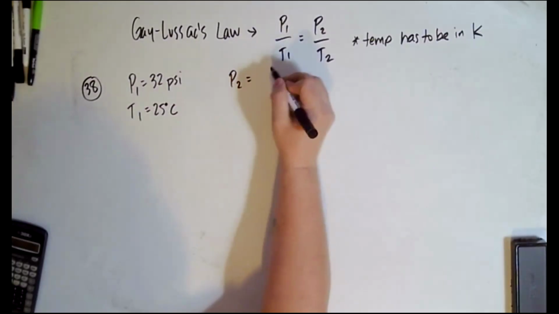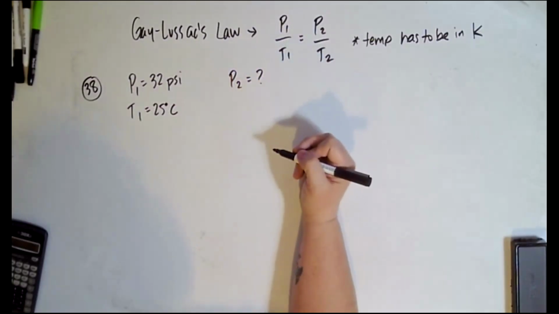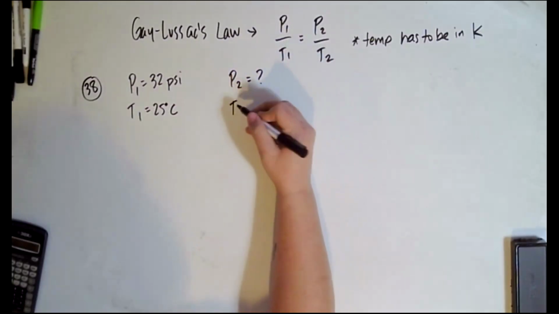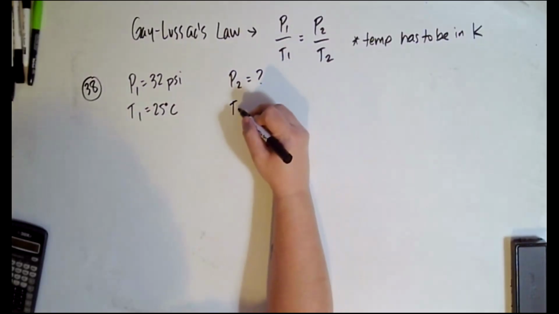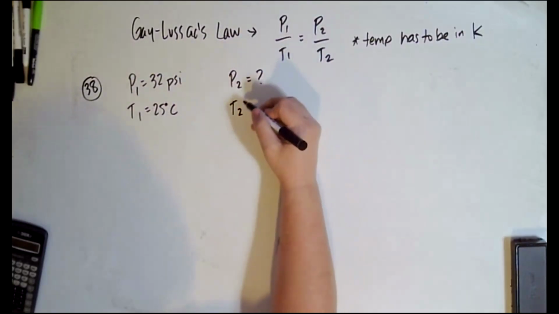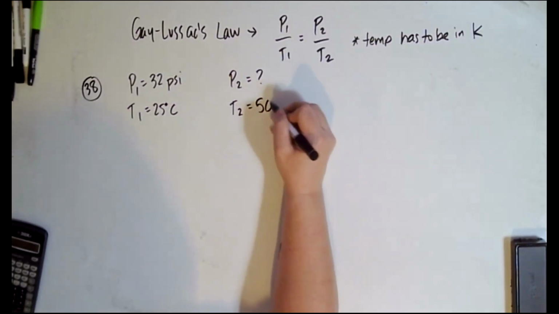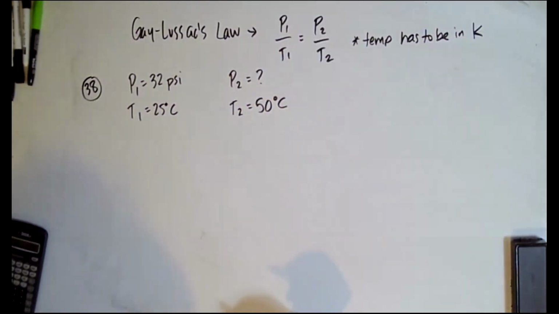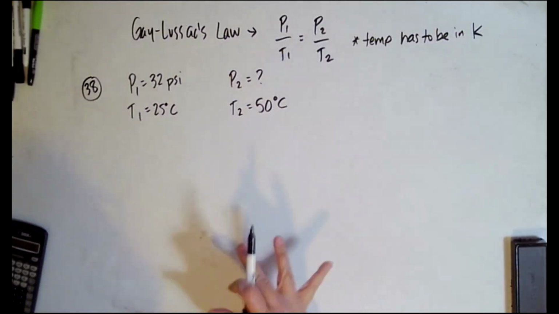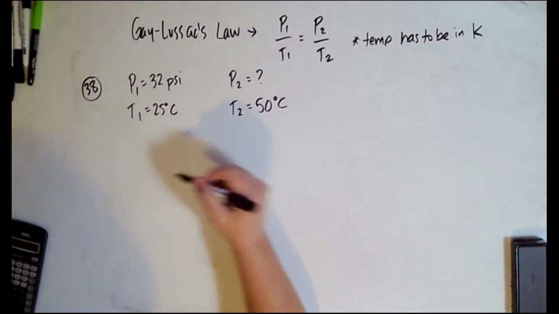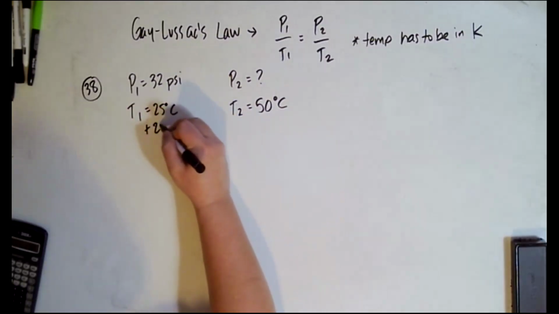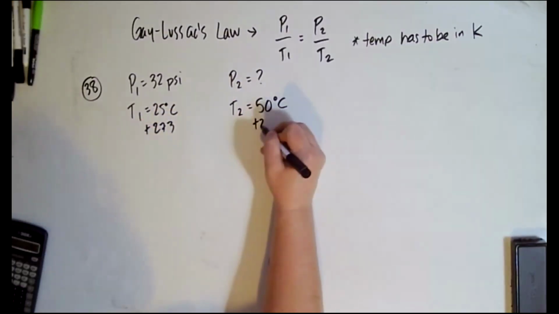So our unknown is going to be this new pressure, if the tire's temperature is now 50 degrees Celsius and the volume remains constant. The only thing that we have to change before we get started is we have to turn these Celsius temperatures into Kelvin.